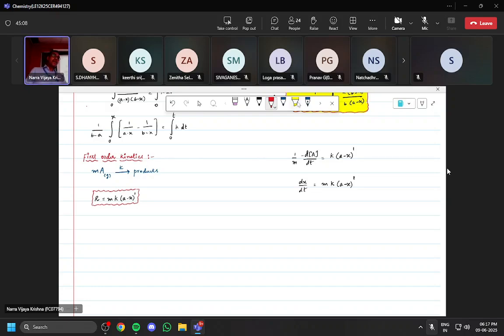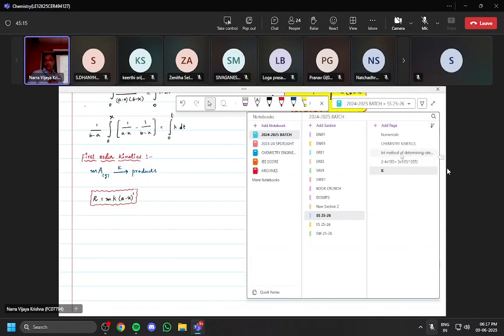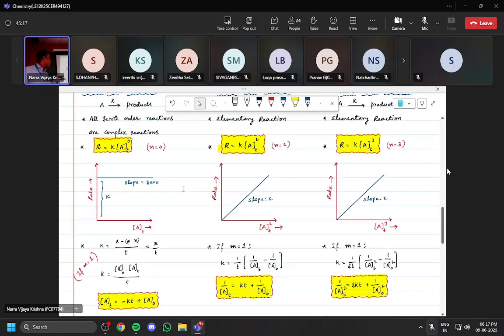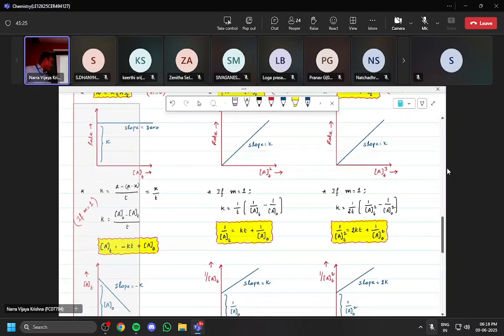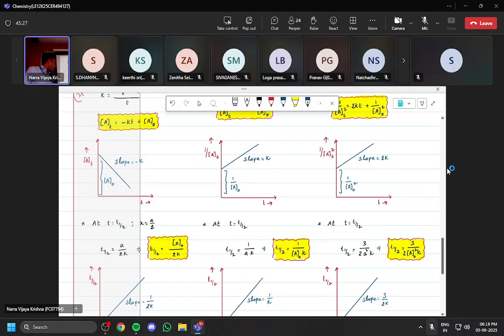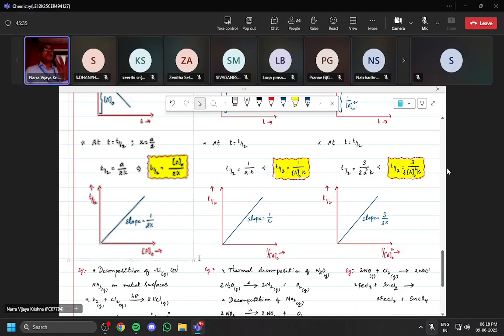We are plotting 3 types of graphs. For every order, we are drawing 3 types of graphs or not? Rate versus concentration graph, after that concentration of A after time t versus t graph, then t half versus a naught graph. These are the 3 types of graphs we are drawing. So again, here also I'm doing the same. I am trying to draw 3 types of graphs for first order kinetics.